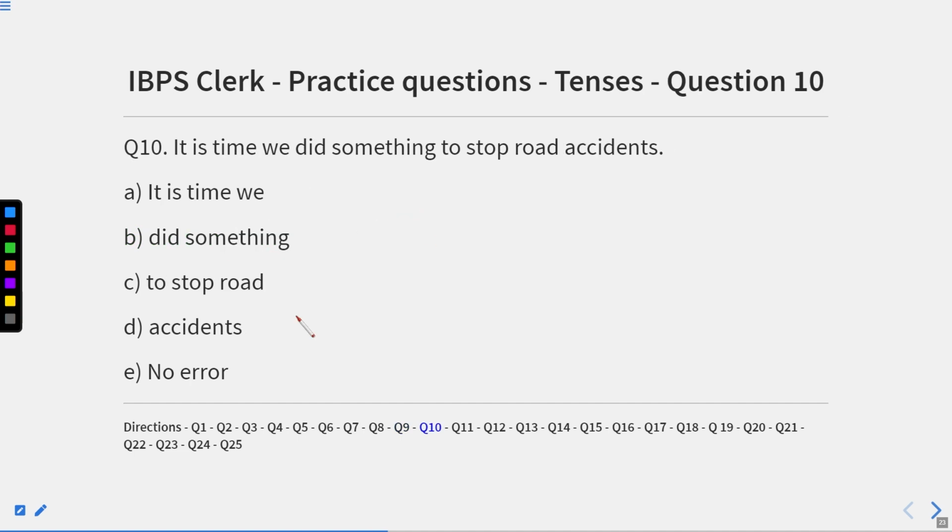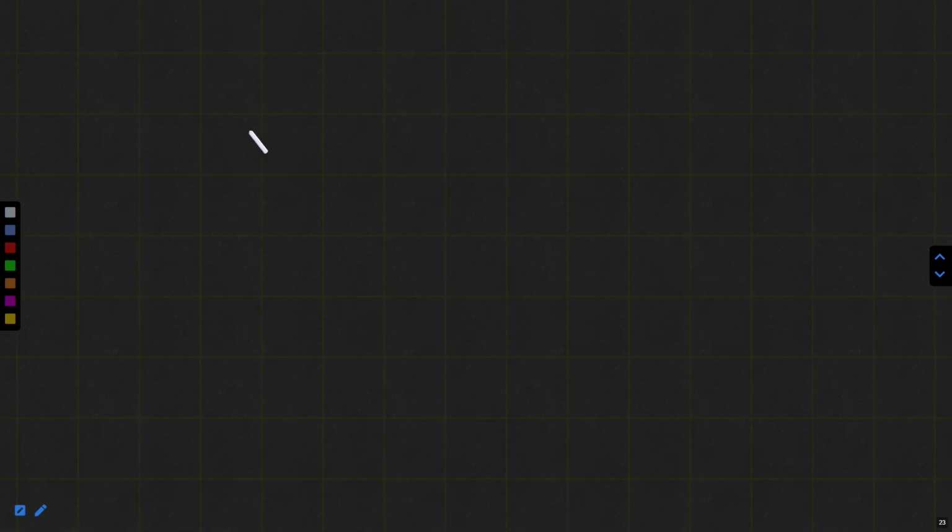Now this sentence or this question is very very important. It is written, it is time we did something to stop road accidents. Now suppose we have a word expression that is it is time. It is time is actually an expression. Now what we do, we can have two types of situations. Either it is time and after that, as you can see over here, it is written it is time.